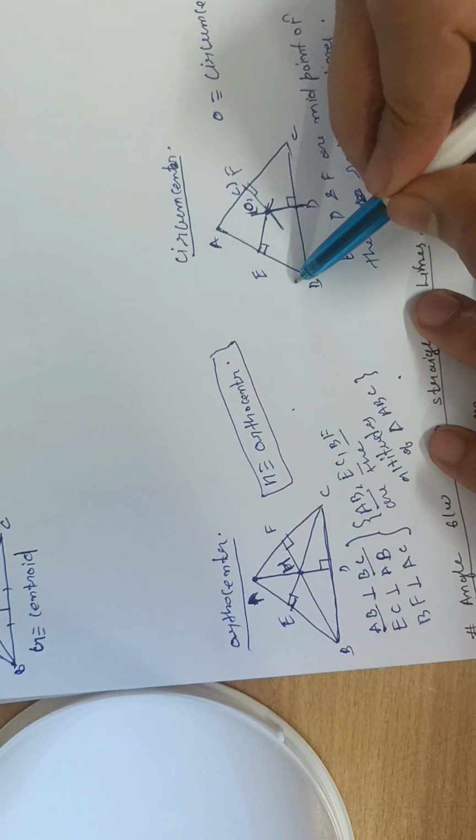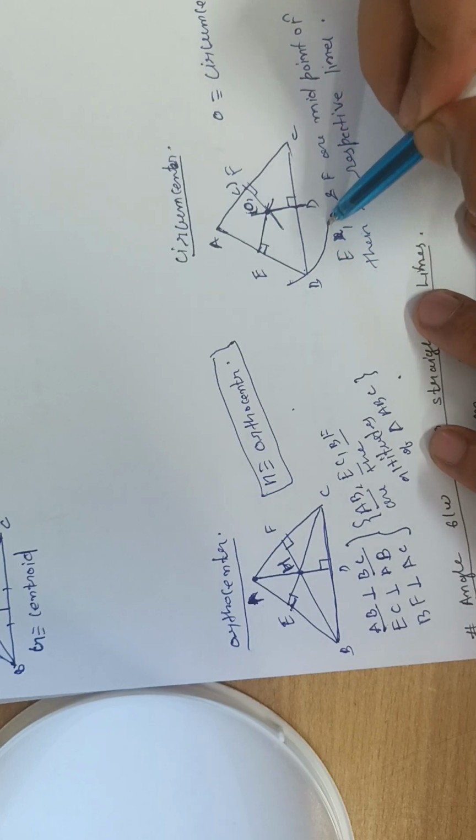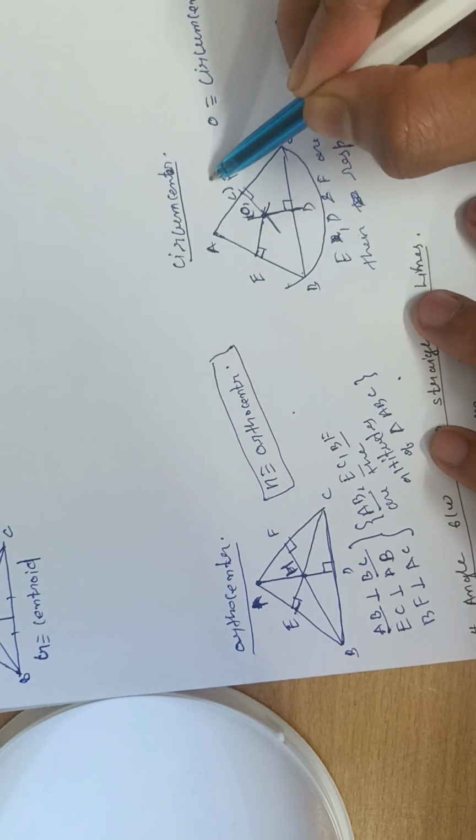Another property of the circumcenter is that there is a circle passing through all the vertices of the triangle.